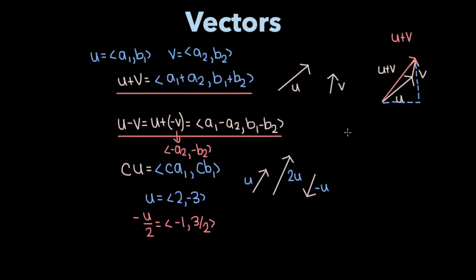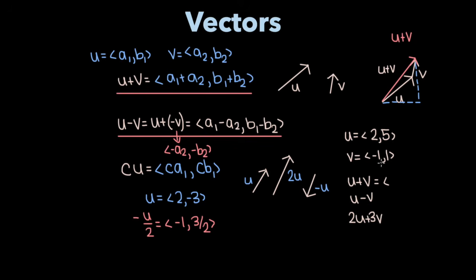Now let's put this to work. Let's say we have the vector u equals 2, 5, and the vector v equals negative 1, 1. Let's find the following. Let's find u plus v, u minus v, and 2u plus 3v. For u plus v, we're just going to sum up the components.